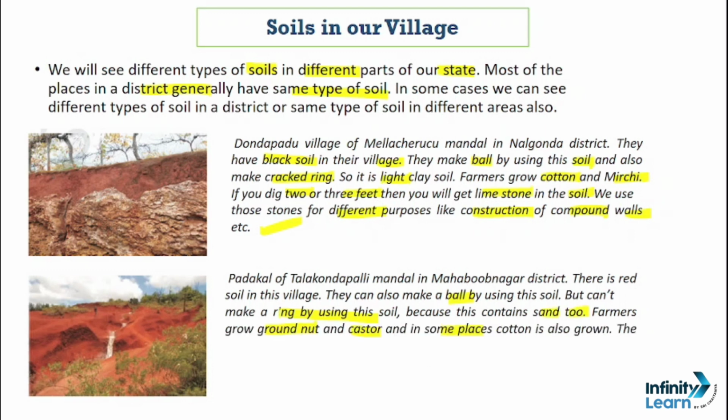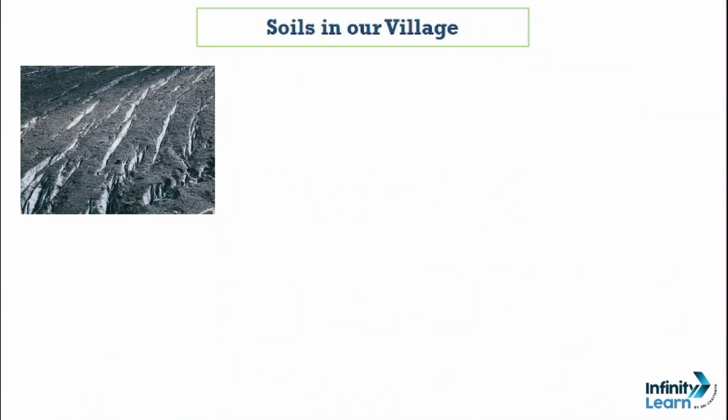And here farmers grow groundnut and castor, and in some places they also grow cotton, and people call the soil red sand soil. So in this first picture we saw that the soil is called black soil. In this second picture we saw that it is our red sand soil. So let's move ahead to see more types of soils.